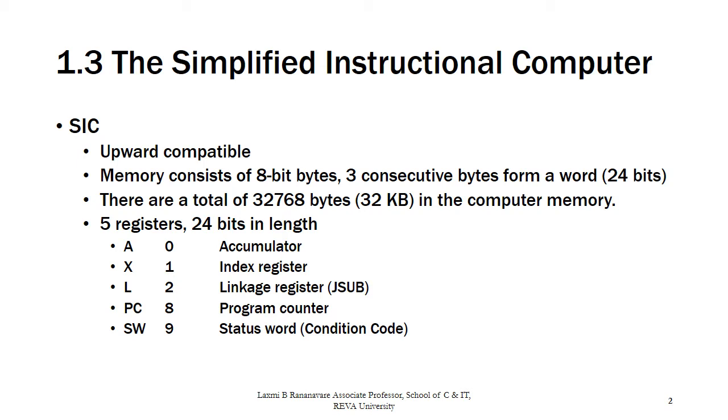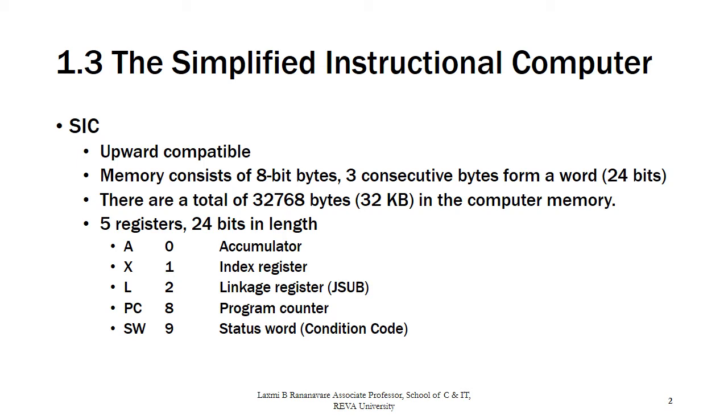And how are we going to have a word in this architecture? It has a word which consists of 24 bits. 24 means 8 threes are 24, and 8 bits indicates 1 byte. So a word is going to have 3 bytes. Any word in a program is represented as 24 bits.